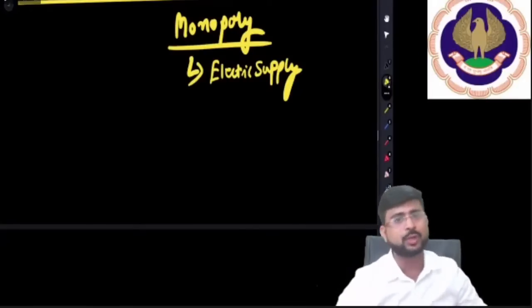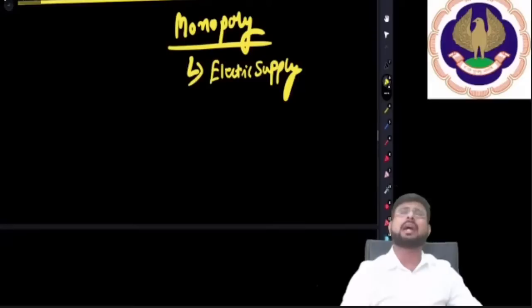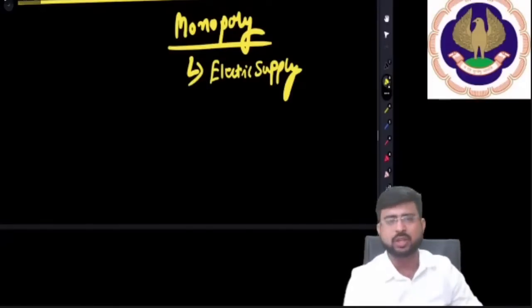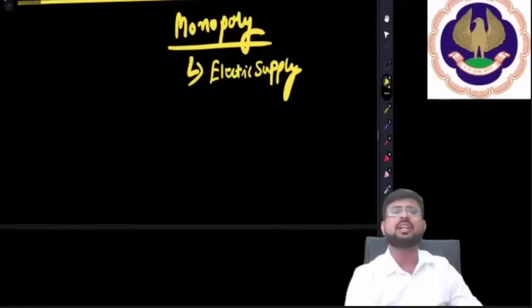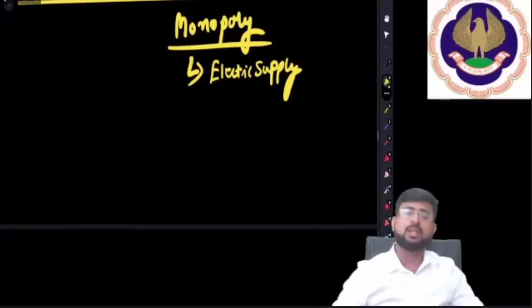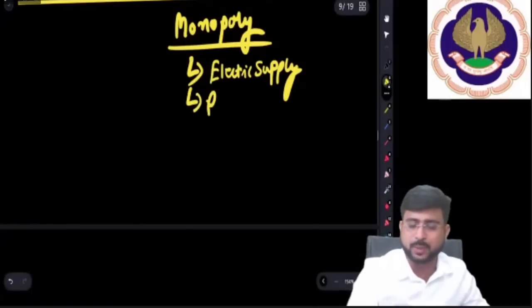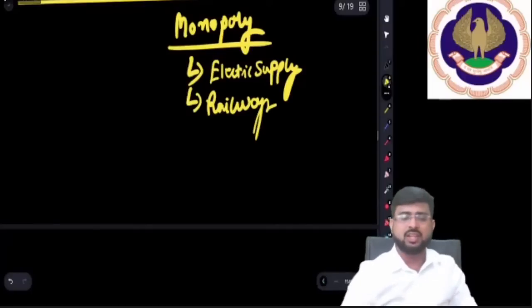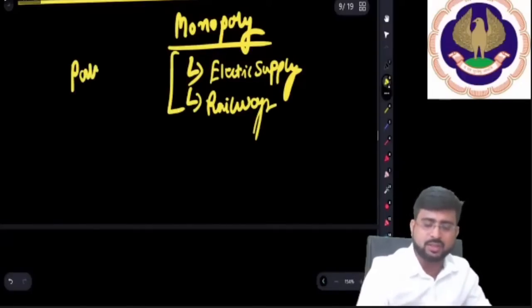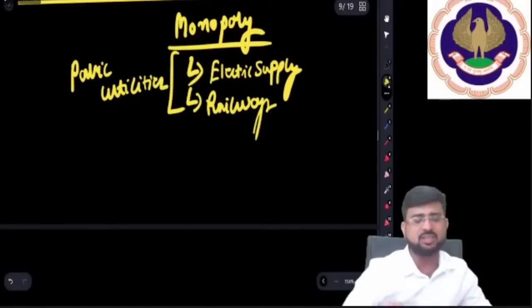They have monopoly over electric supply. In Bombay, I believe, there is BSES who takes care of electric supply. Similarly, in your respective cities there are different electricity supply companies which have their own monopoly. Similarly, in case of railways, we also see monopoly. In general there is no pure monopoly, but in case of public utilities, services enjoyed by the public, some kind of monopoly is definitely seen.